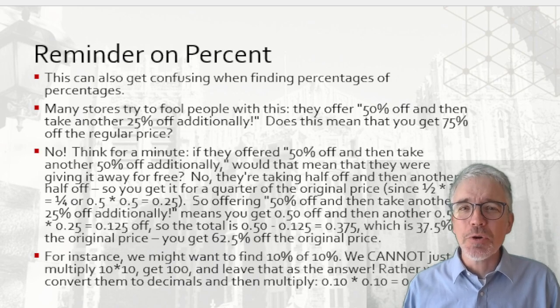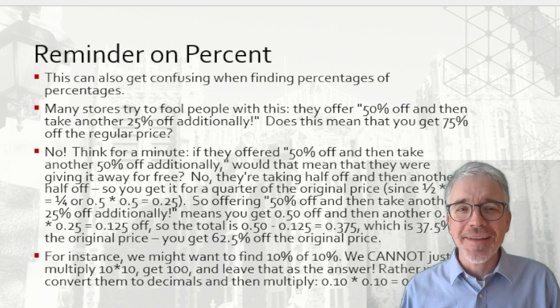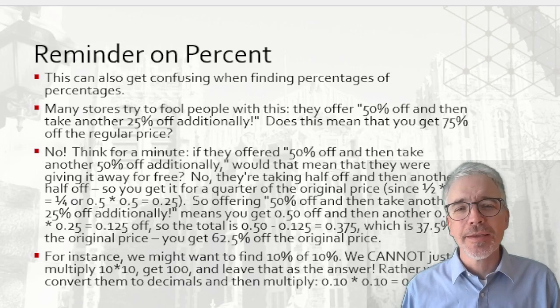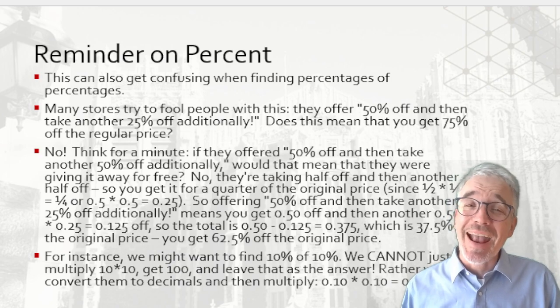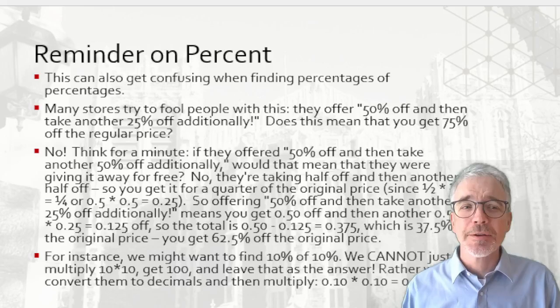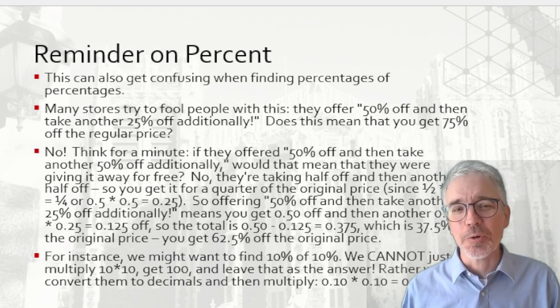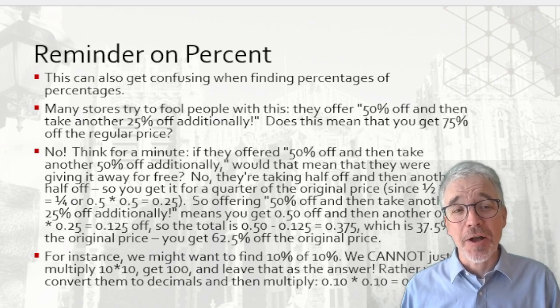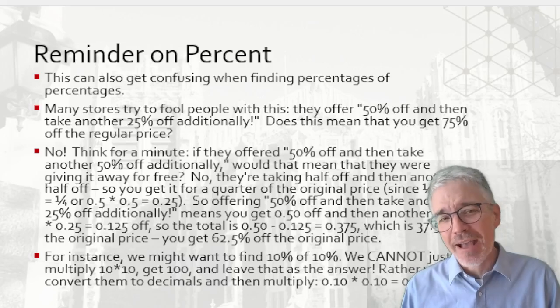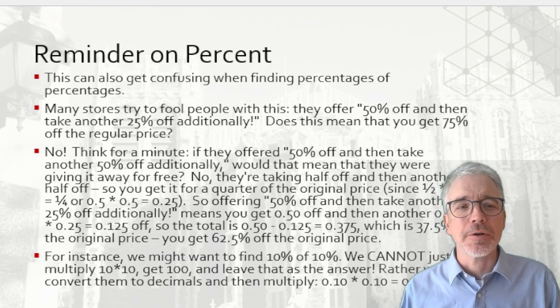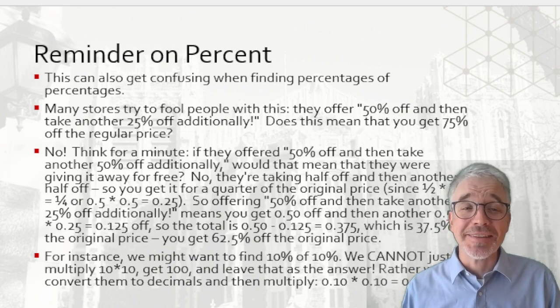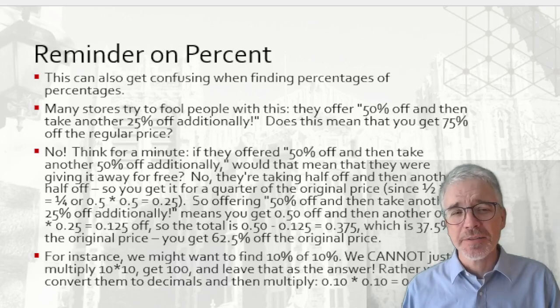It's right there in the words, but you've got to read the words carefully to see the trick. Maybe it's easier to think about the extreme version. If they offered 50% off and then take another 50% off, would that mean they're giving it away for free? No. That means it's a quarter of the price, right? They take half off and then another half of the remaining half, where half the half is a quarter.